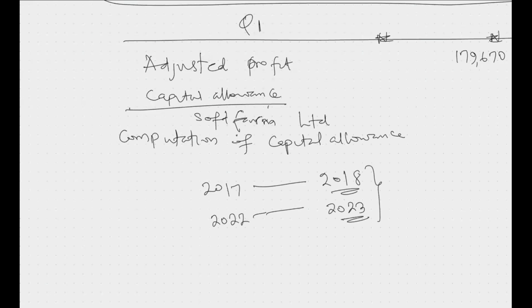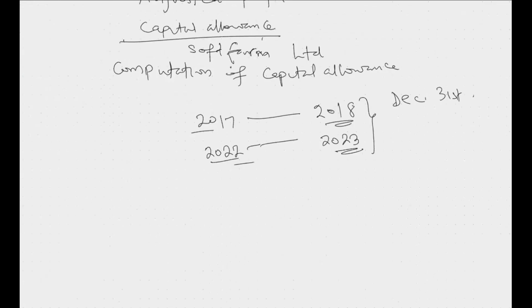If the accounting year of this company is not 31st December, assume the accounting year of this company is 30th April annually, right? I will need to do my asset allocation schedule to know where the asset will fall into.